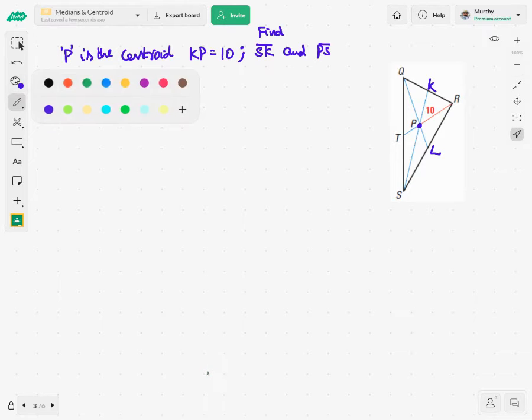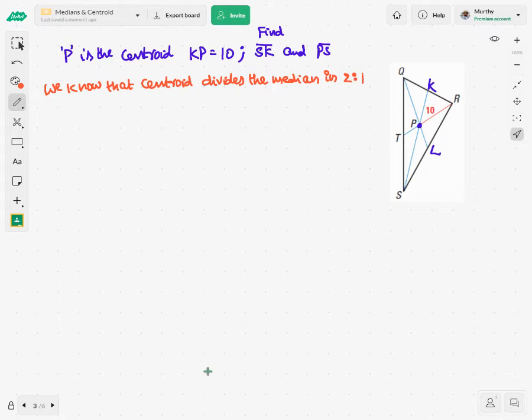We know that the centroid divides the median in the ratio of 2:1.